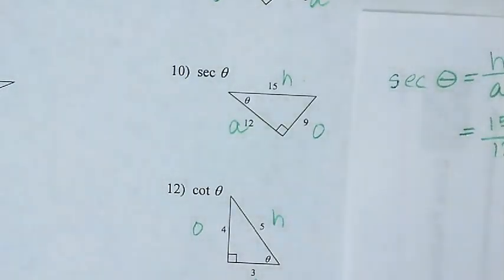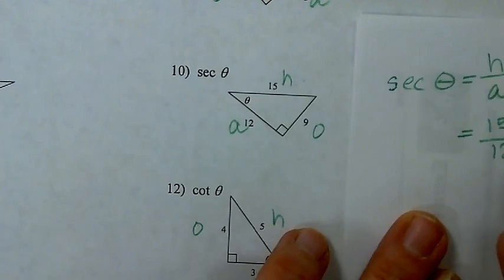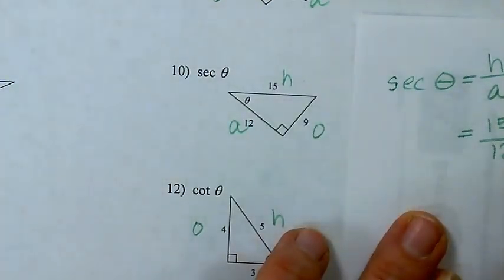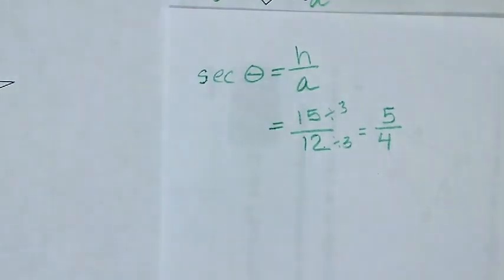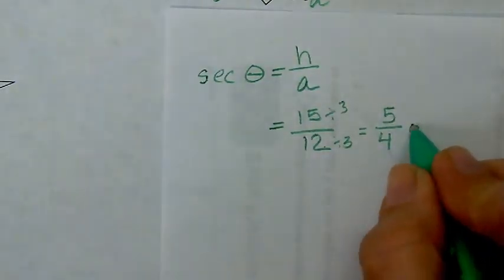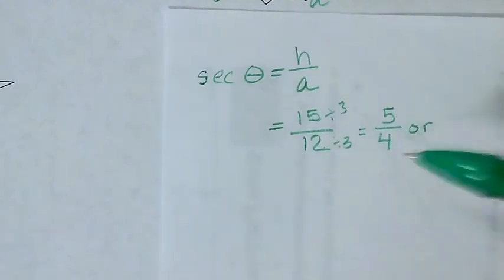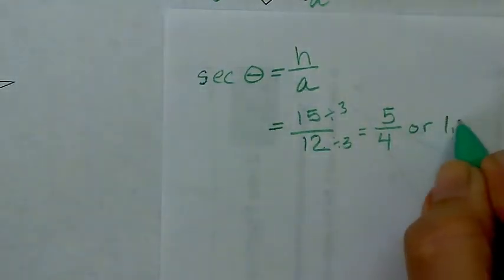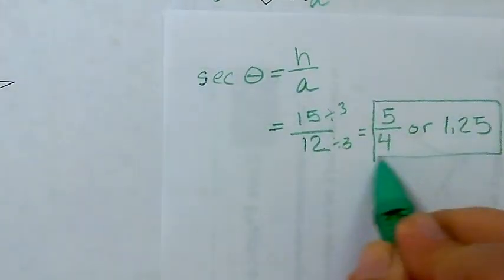Let's reduce that fraction. Both of those are divisible by 3. So that's 5/4. Or, we can divide this and turn it into a decimal. So 5 divided by 4, 1.25. So for this worksheet, I want you to give both the reduced fraction and the decimal.